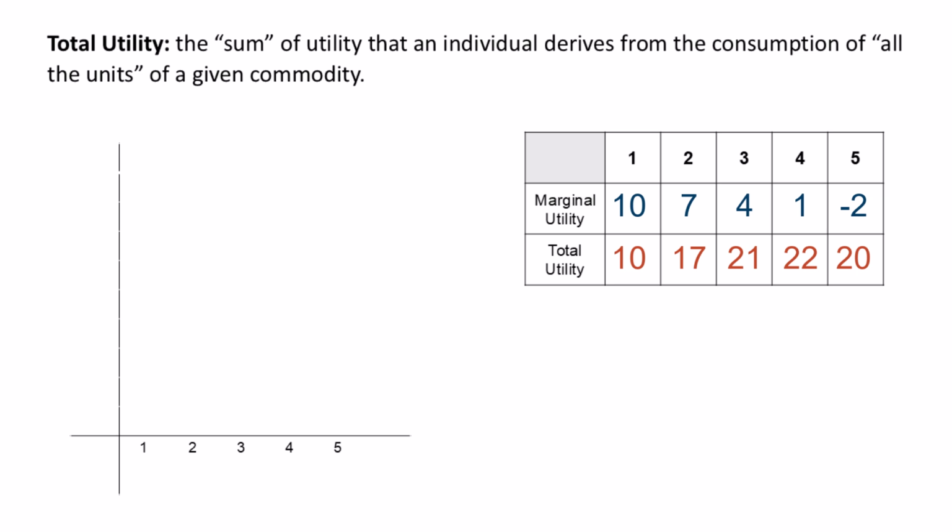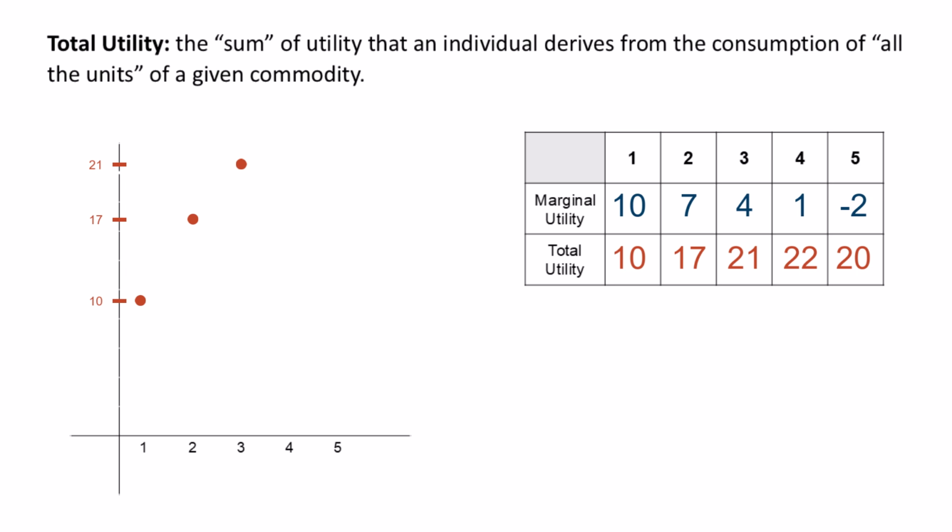Using these numbers, I'm going to plot a graph for total utility. The total utility for the first cup of water was 10. And total utility from 2 cups of water is 10 plus 7, which is 17. The total utility for 3 cups of water is 21.